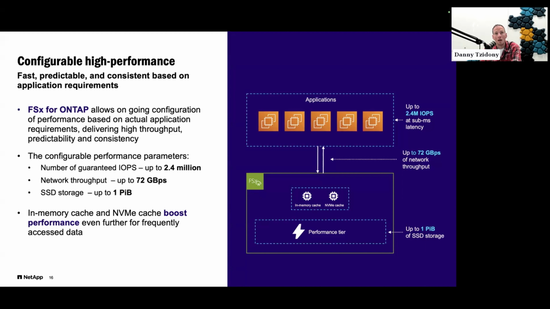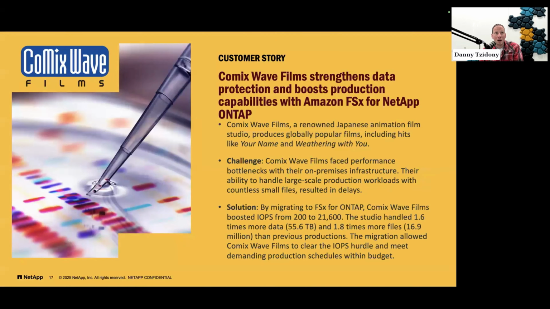Once again, it depends on your workload. You can make the calculations and see whether FSX for ONTAP can meet your performance standard. I think for many of the high performance workloads, it definitely does give an answer. And once again, I urge you to try it yourself and see if it helps you.